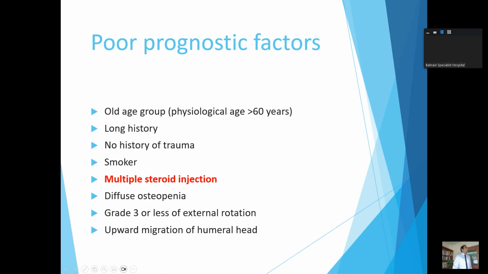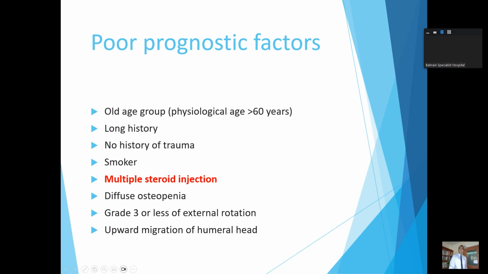The poor prognostic factors in rotator cuff repair are old age. Old age, again, is the physiological old age, more than 60 years, and a long history with no history of trauma. These are the degenerative tears wherein there is no history of trauma and the muscles have been damaged and torn because of atrophy. Smokers have a poor prognosis.